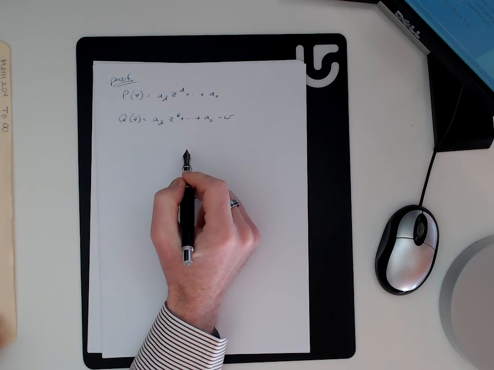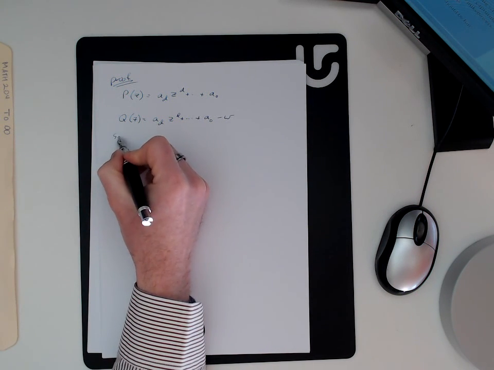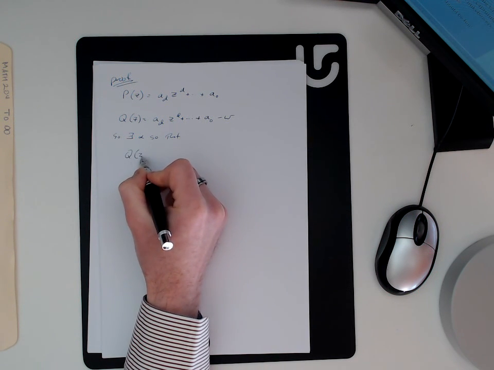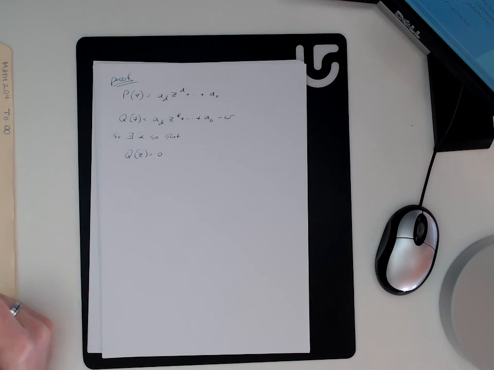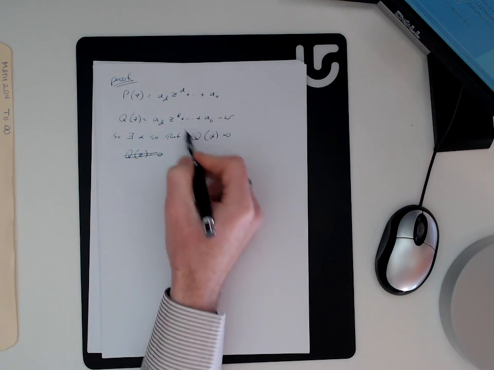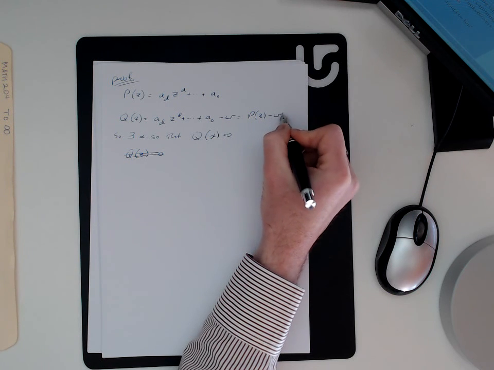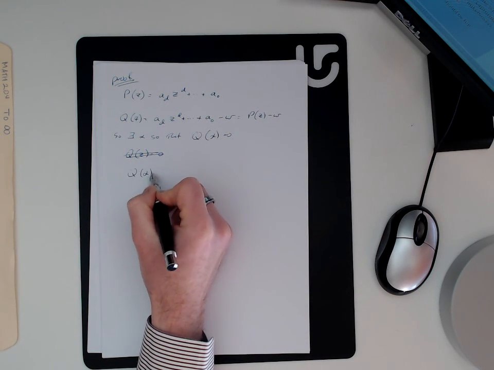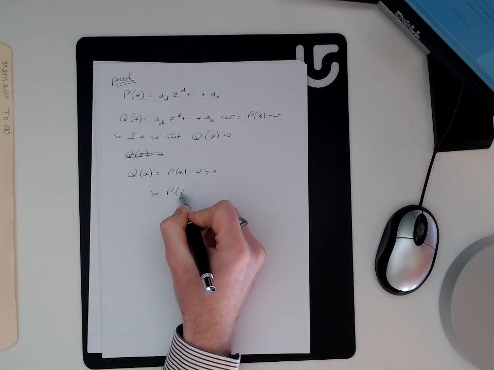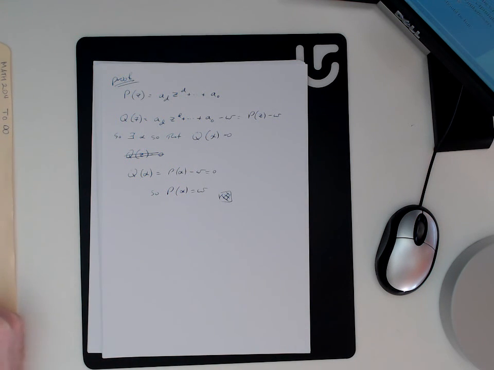So q(z) has a root, so there exists alpha. Great. Well, what's this thing? This can be written as p(z) minus w. So q(alpha) is equal to p(alpha) minus w, which is equal to 0. So p(alpha) equals w, and we're done. Great.